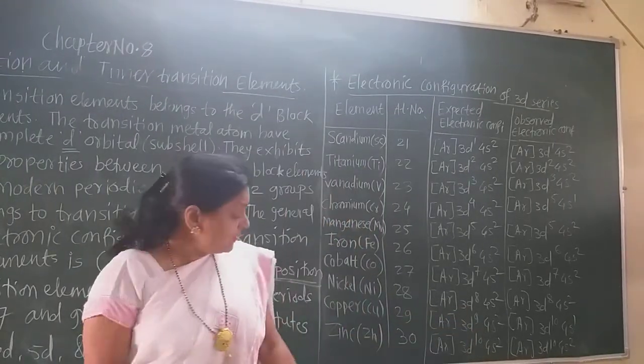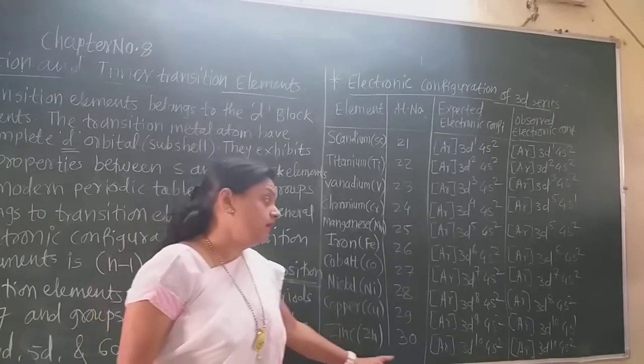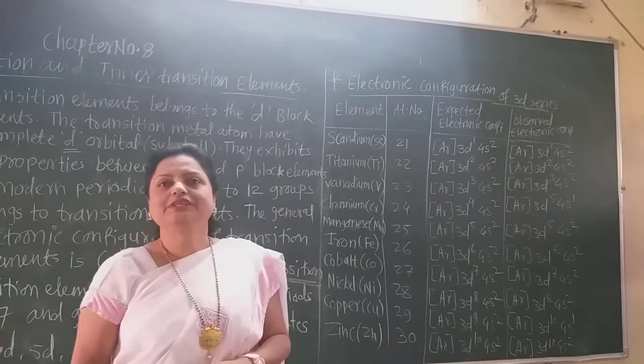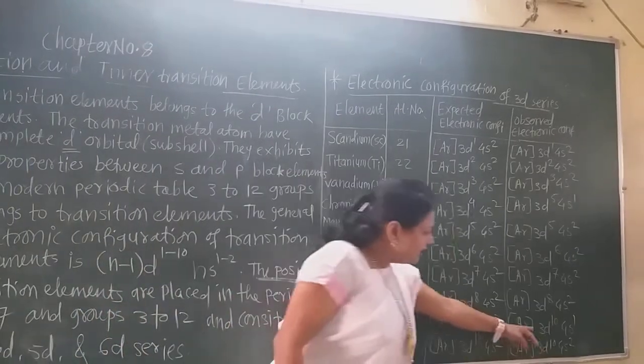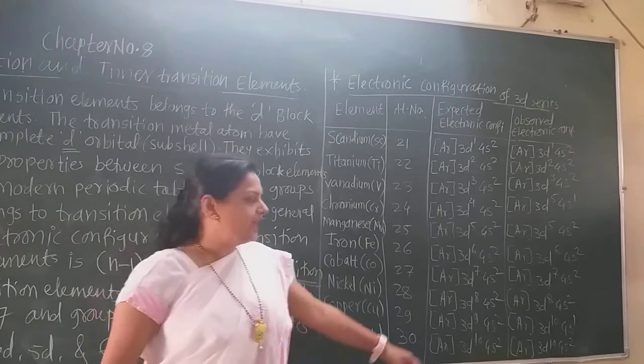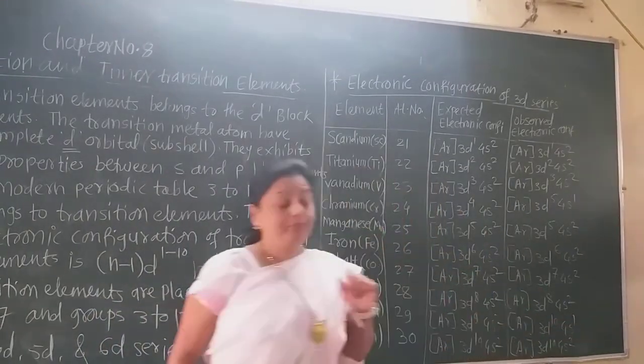So what happened in the case of copper again? The 1 electron from the 4s orbital goes into the 3d orbital. Now this 3d orbital has 10 electrons, that is completely filled, and the 4s orbital is half filled.